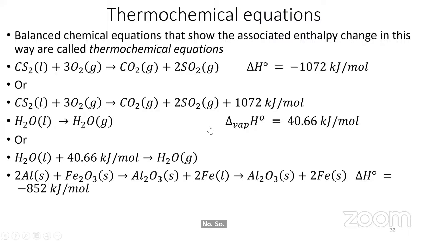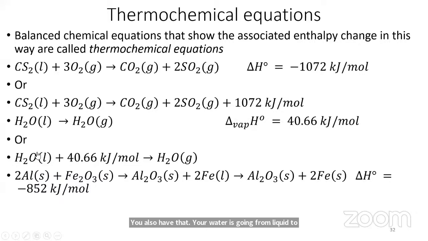You can also have a situation where both of them have the same value. Of course, this is 1072 and this is 1072 too. But the only difference is one is exothermic and the other is endothermic. You also have that your water is going from liquid to gaseous.